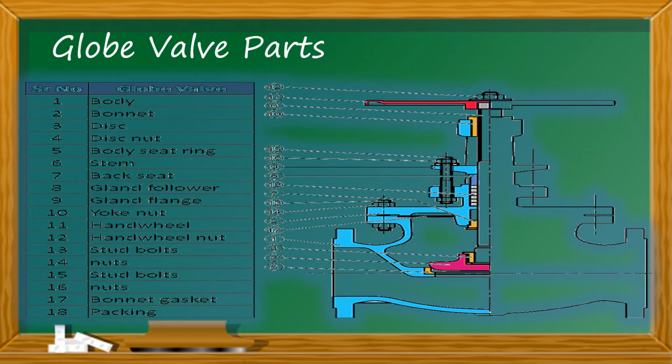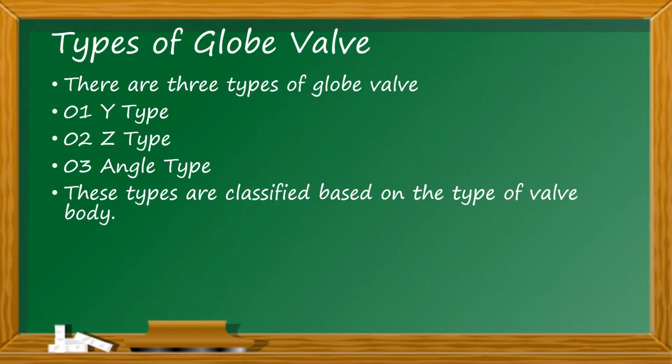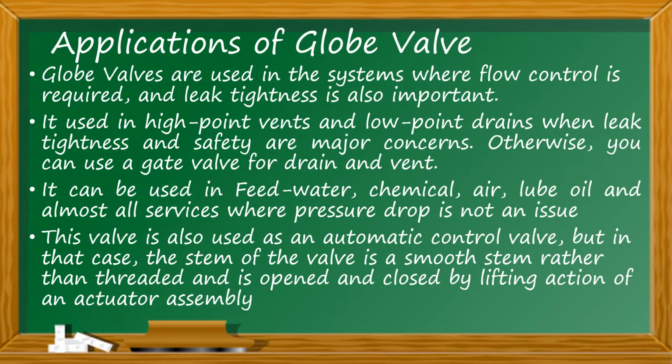And at the top we have the packing of the valve. Now, based on the type of valve body, we have three different types of globe valve: Y type, Z type, and the angle type.